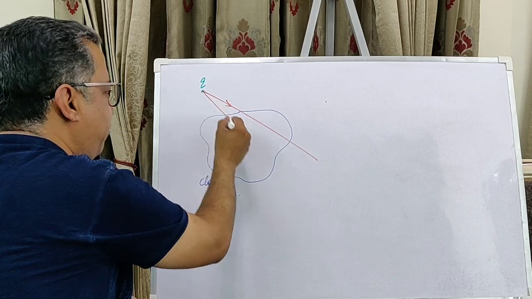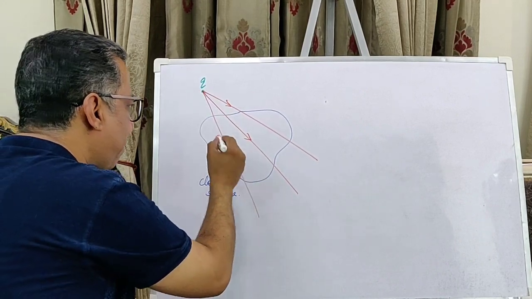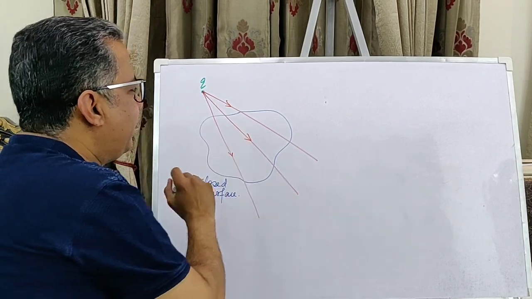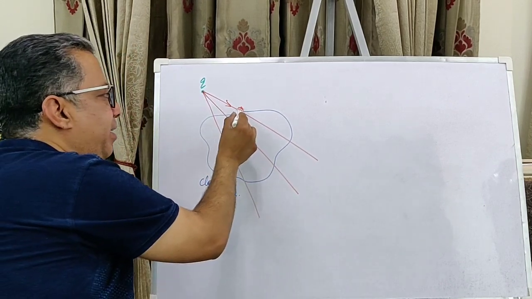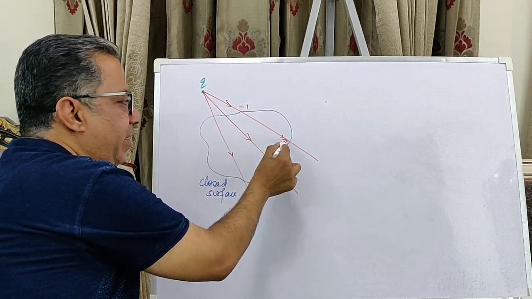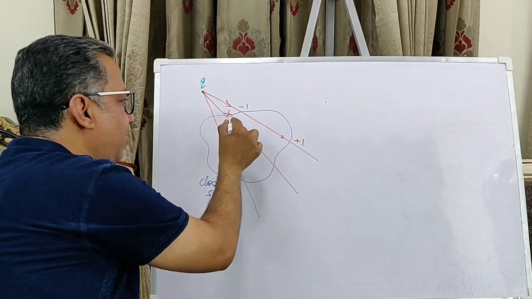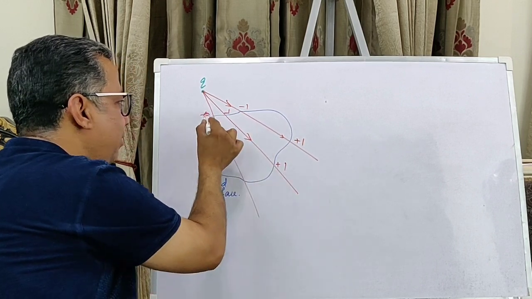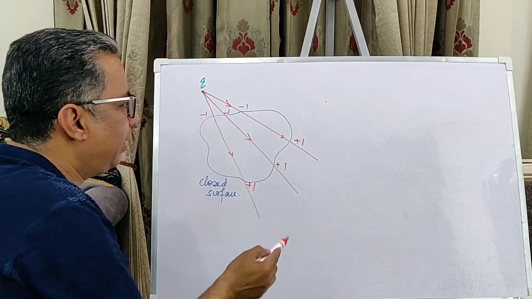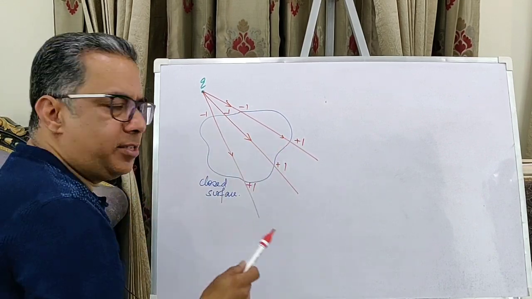Let's draw these lines of force that are coming out of this charged particle. With all these lines, as they enter here, their contribution to flux is -1, but then as they leave the surface, the contribution to flux is +1. So it's -1 here, +1 here, -1 here, +1 here. And we all know when we add -1 and +1, we get 0.